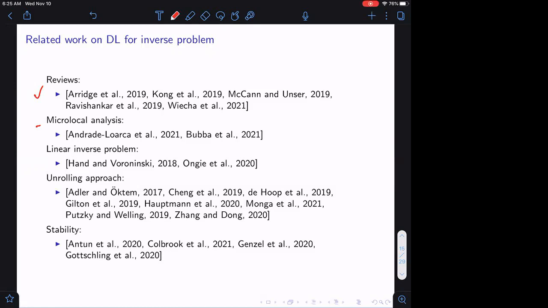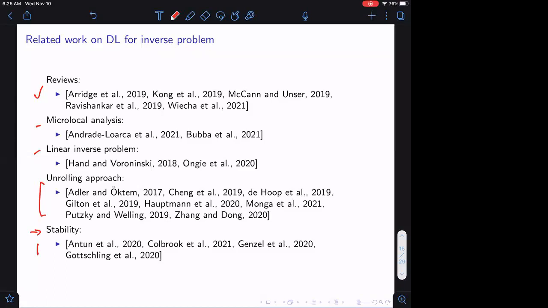There are also approaches based on linear inverse problems, which are very much related to compressive sensing, and there's also this big field of the algorithmic unrolling approach, which I also briefly mentioned yesterday. Finally, I also want to mention that recently there have been a lot of interesting studies about the stability of applying deep learning to inverse problems, especially its implication in medical imaging. I think this is a very important field, and we really need to address stability.